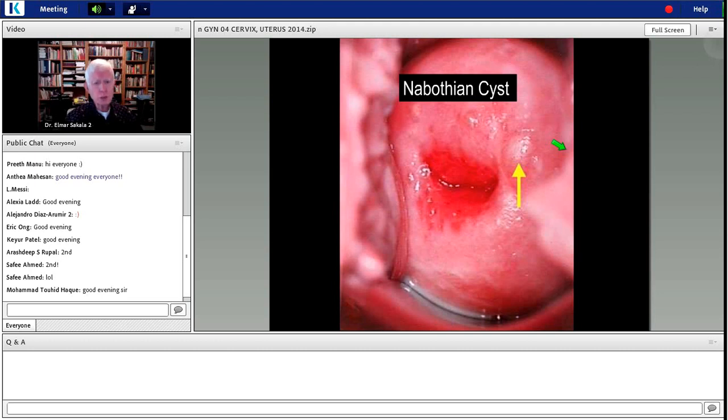This is the new squamocolumnar junction. The Nabothian cyst will always be in the transformation zone because the transformation zone is where metaplasia occurs. So it's always going to be between the old and the new squamocolumnar junction.